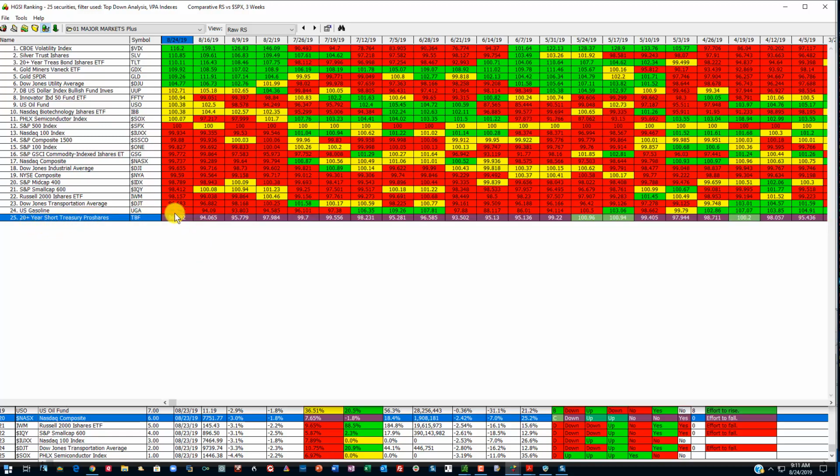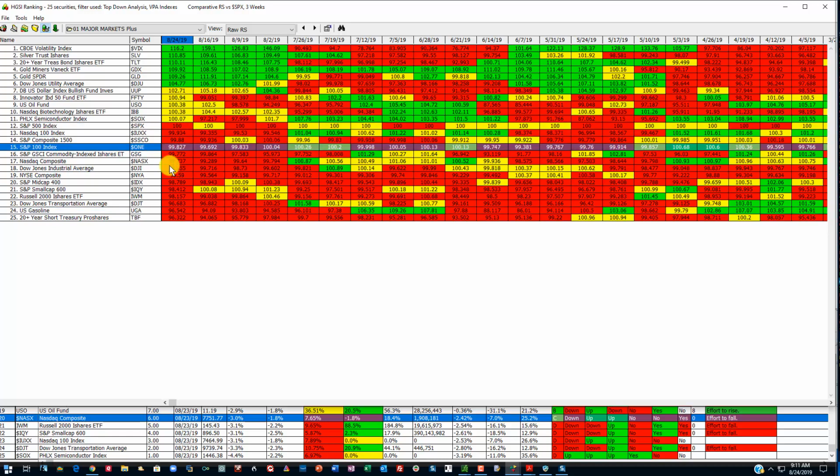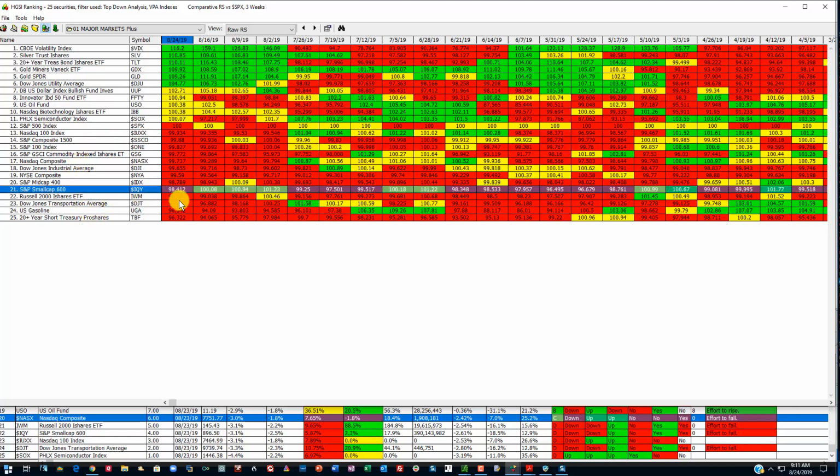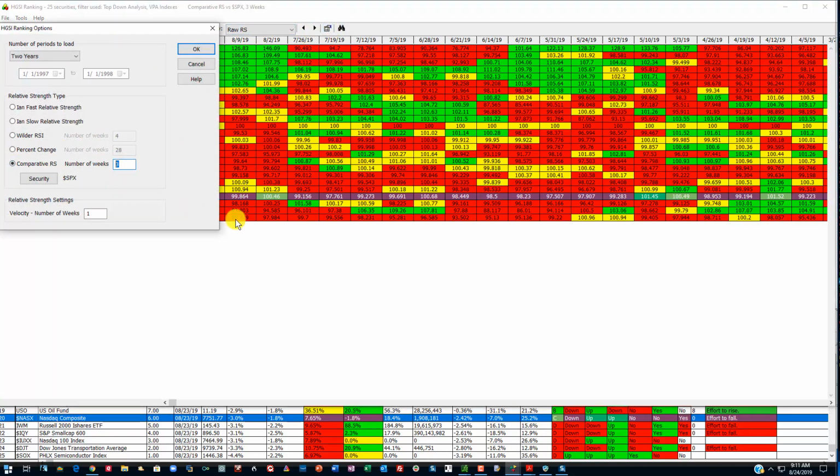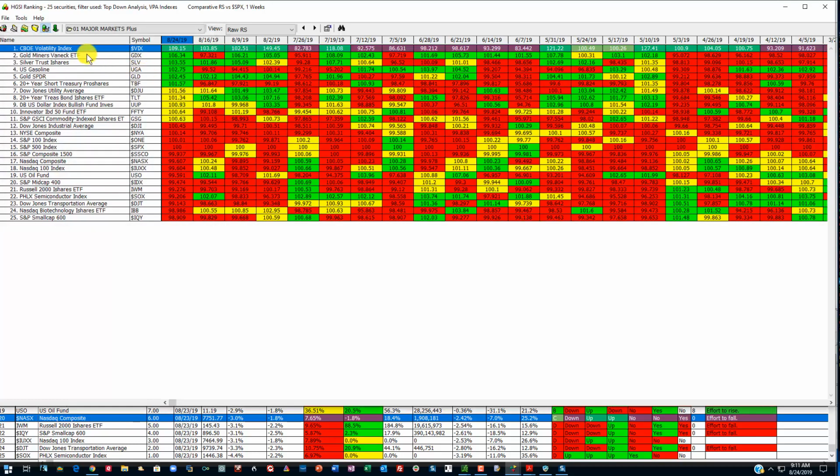Now this is a ProShares short. These are all underperforming over a 3 week period. The NASDAQ 100 and so on. You can read it. I don't need to read them all to you, but the small caps have not been doing well. Let's see what happens looking at the last week comparison.